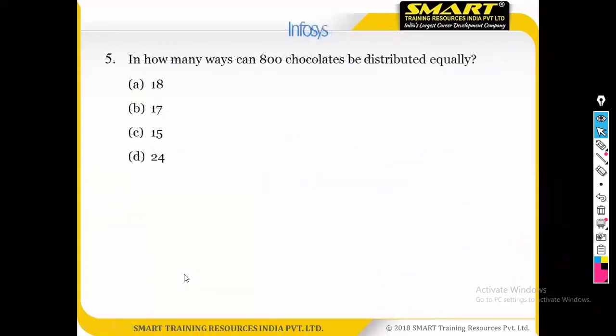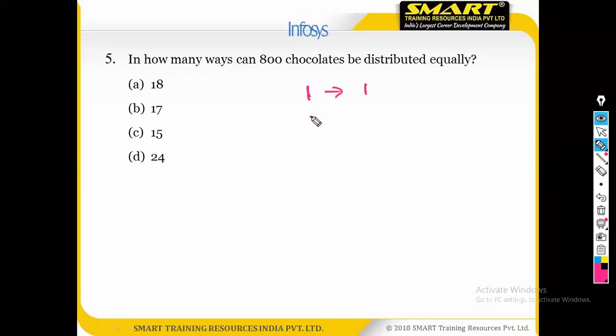Yeah, question number 5. In how many ways can 800 chocolates be distributed equally? Actually, we'll start with a basic example. See guys, if I have one chocolate, I can give it to only one person.